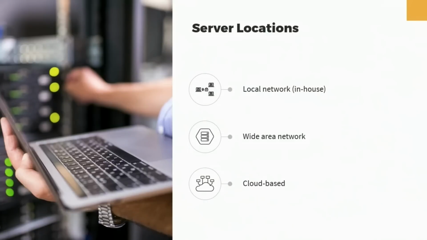But to finish up, you can implement any combination of any location. Many organizations these days will of course have in-house servers, but might also have WAN or cloud-based servers. It all depends on the needs of the organization, but no matter where they are, servers provide us with almost all of the services we've come to depend on to do our jobs.